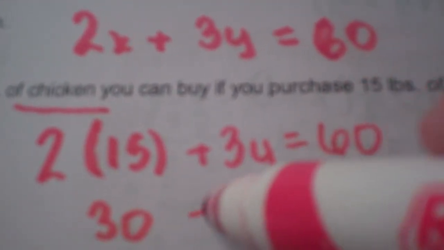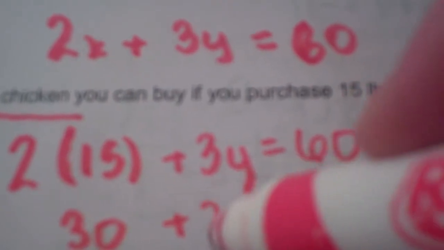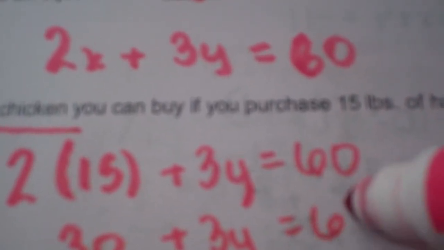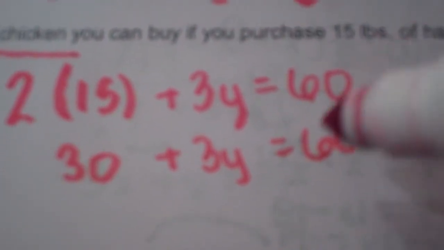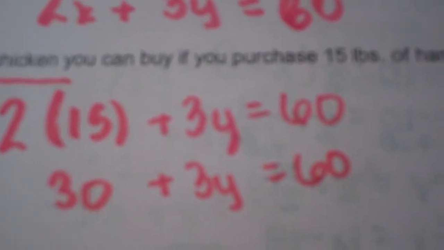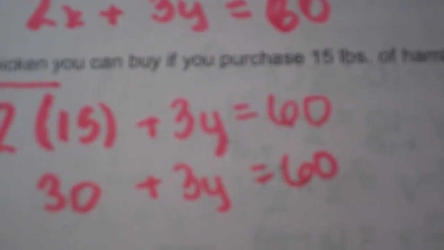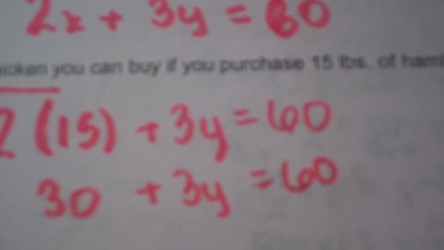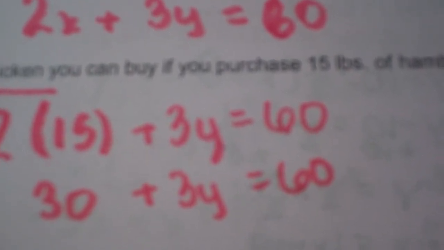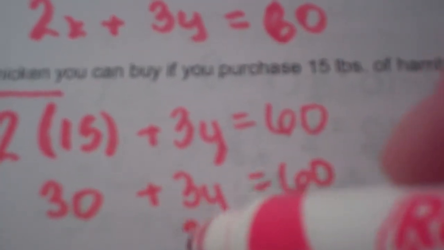Okay, that gives us 2 times 15 is 30, plus 3y equals 60. Give you a moment to solve that. Alright, let's check to see what you got.